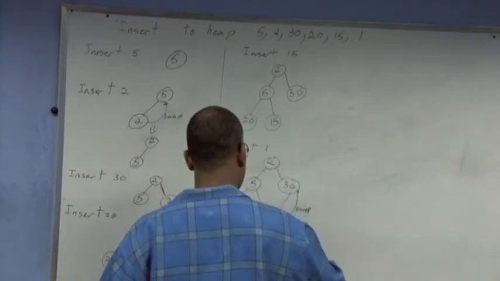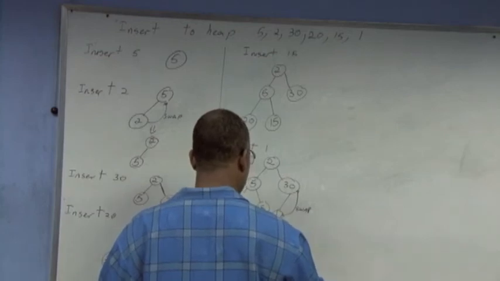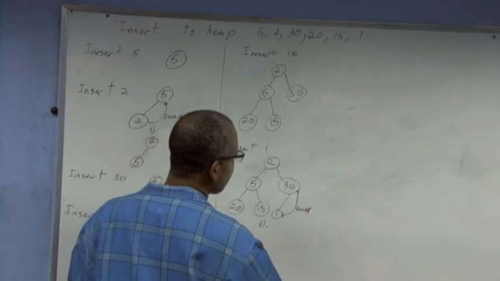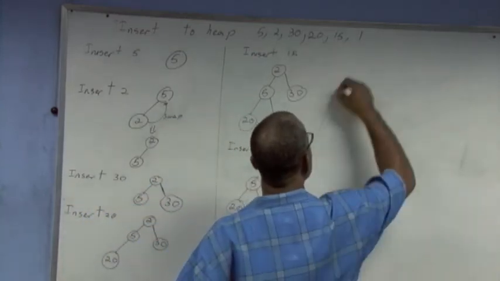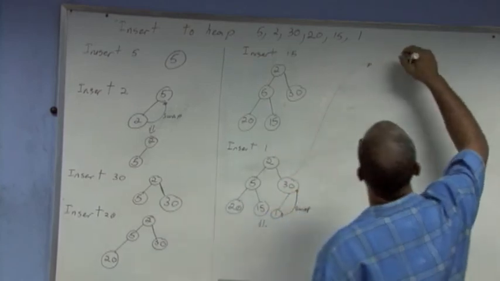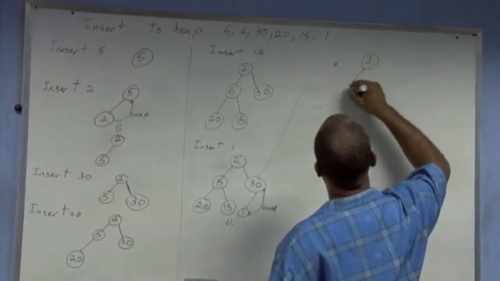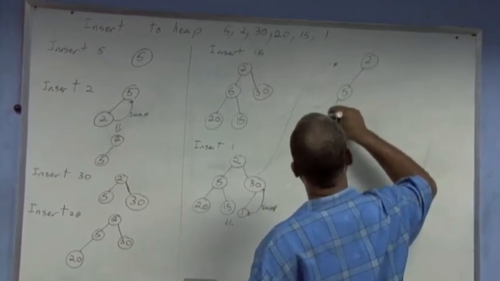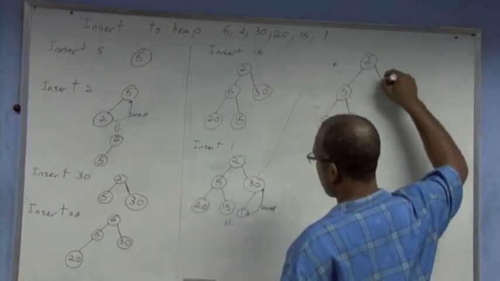Which will give us 2, 5, 1. The space here is not enough, so I can come over here. 2, 5, 1 and 15, goes above 30.